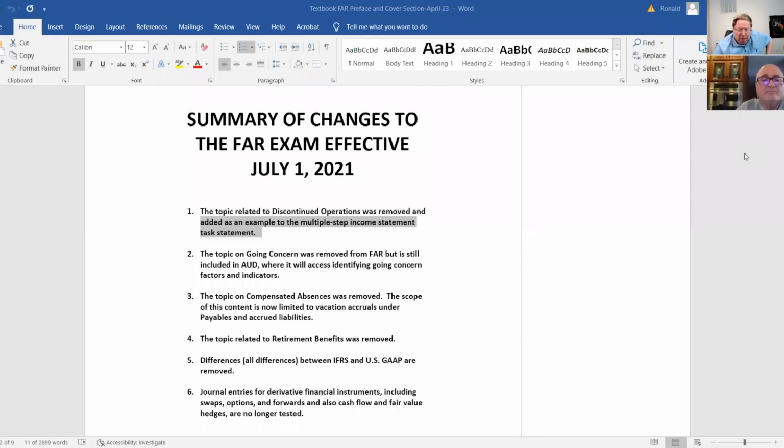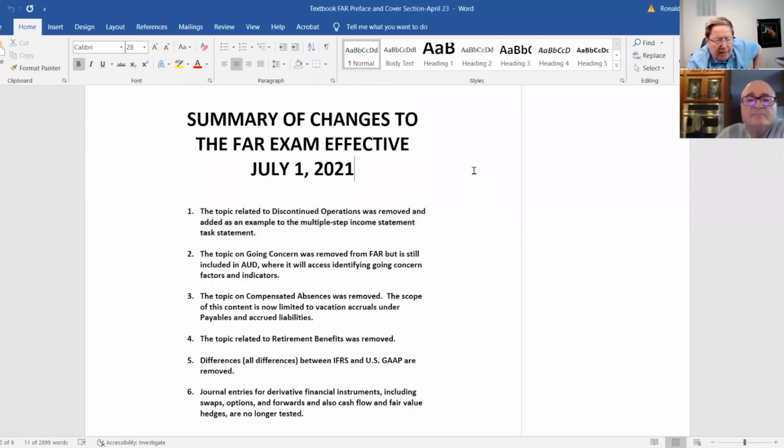All right, let's go back to the second change. The second change is the topic on going concern. That was removed from FAR, but it's still included in auditing, where it will assess identifying going concern factors and indicators. How did that change exactly, Ron? Well, the accounting part of it used to be addressed here in FAR, but it's not required.